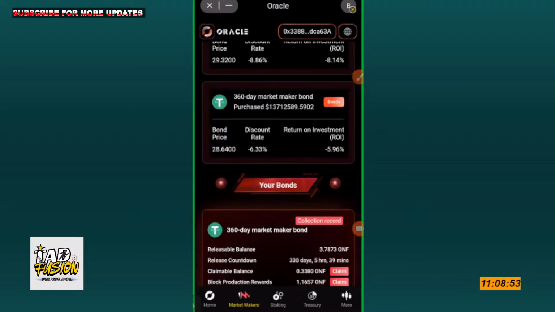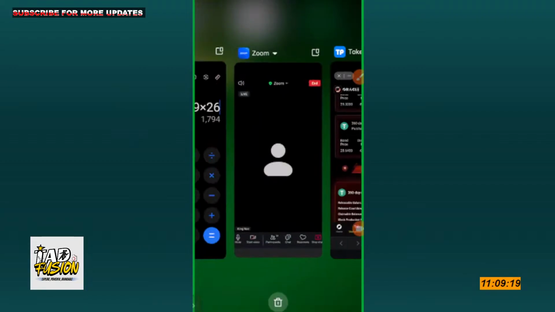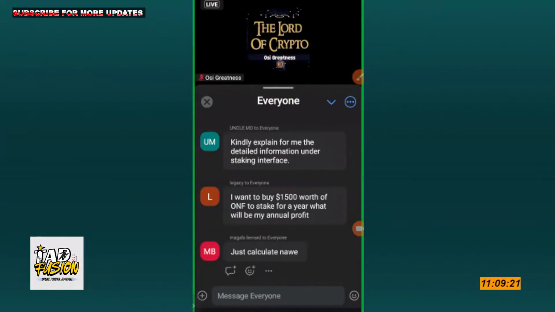But if you see that the bonds are in negative, it means the supply of ONF tokens on Jucoin is high. Buy them from there, and come and stake or lock them into the system. Therefore, you are reducing the amount of ONF on the market, leading to the rise of the price of ONF. As simple as that.